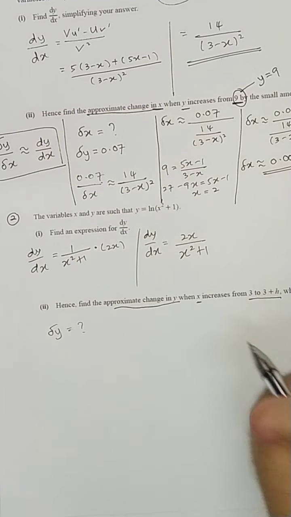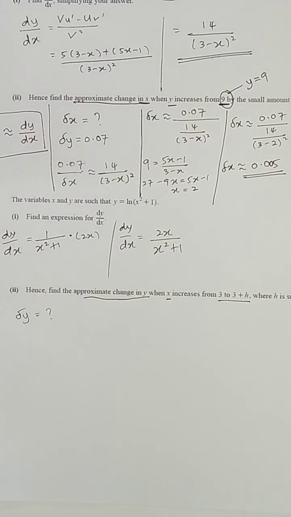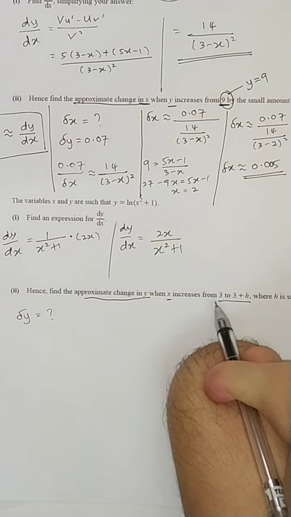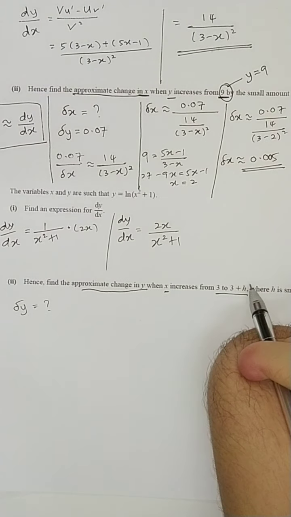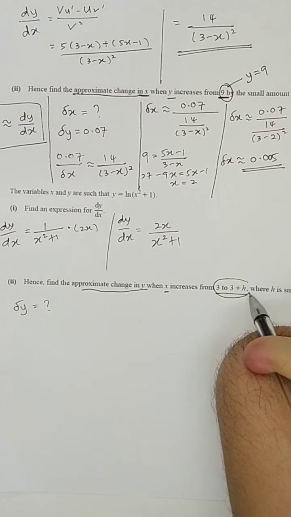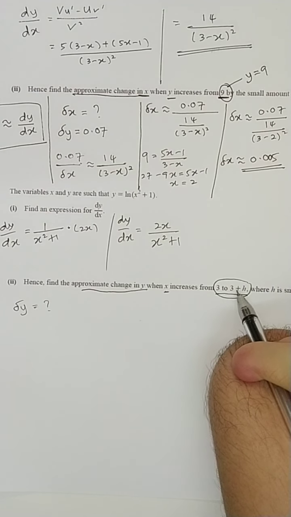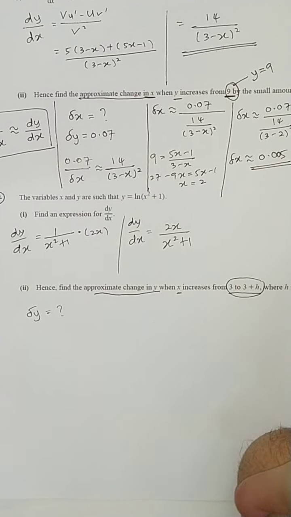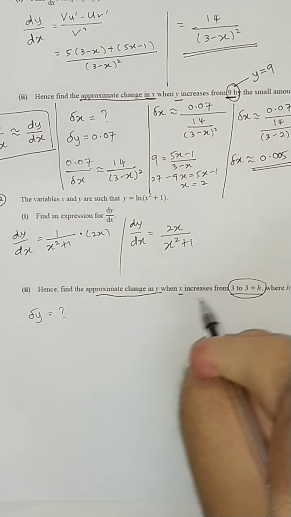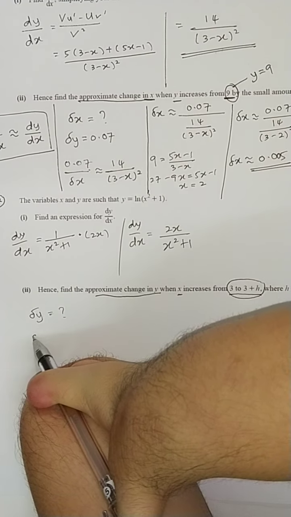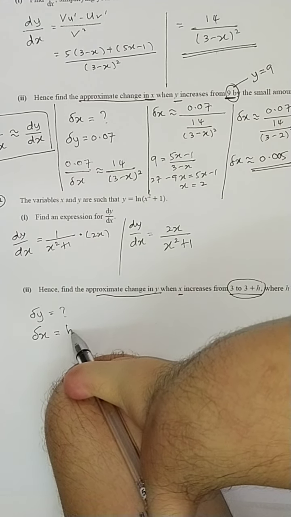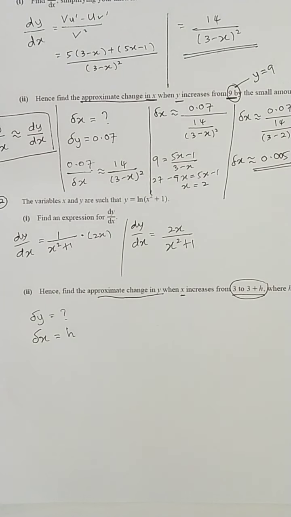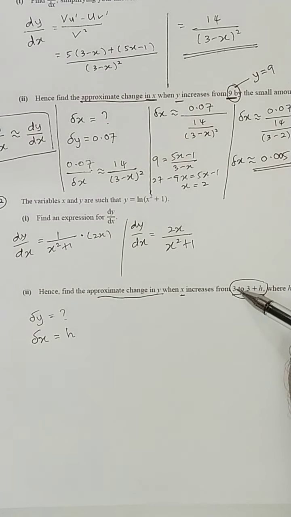Then it says x increases from 3 to 3 plus h, so how much increment happens here? Just subtract: 3 plus h minus 3, so we get h. What does that h mean? It means the increment that happens in x is equal to h. How do I get h? 3 plus h minus 3.